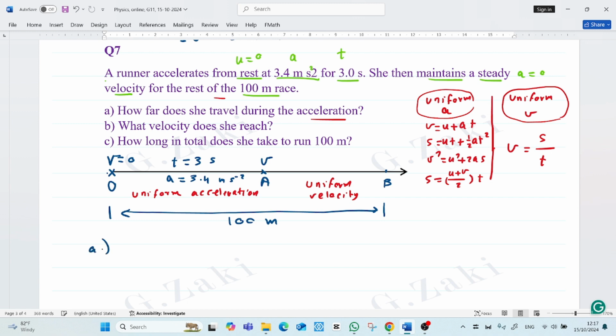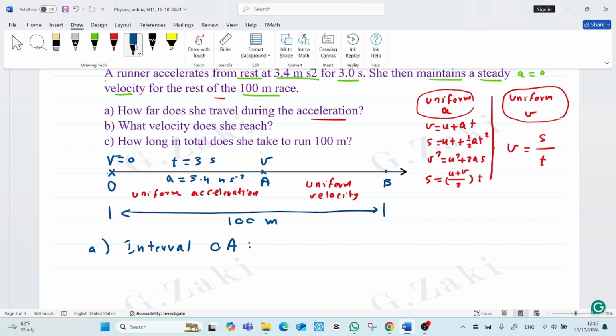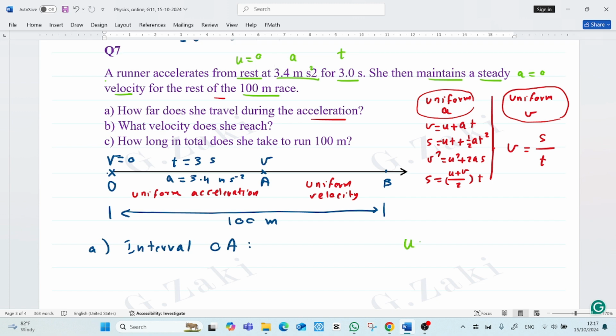Now part A: how far does she travel during acceleration? Then in the interval OA, what are the givens? The givens are the initial velocity equals 0, the time equals 3 seconds, and the acceleration 3.4 meters per second squared. What do we need? How far; we need the displacement. Which formula do we use?